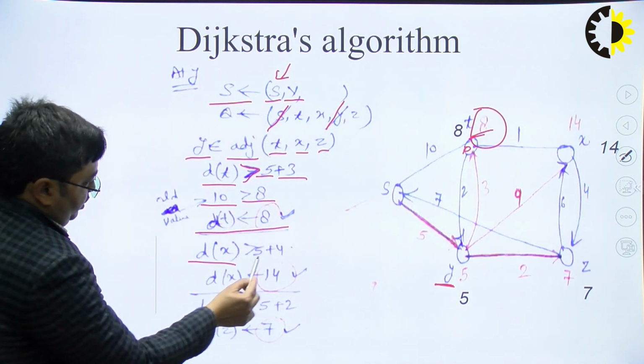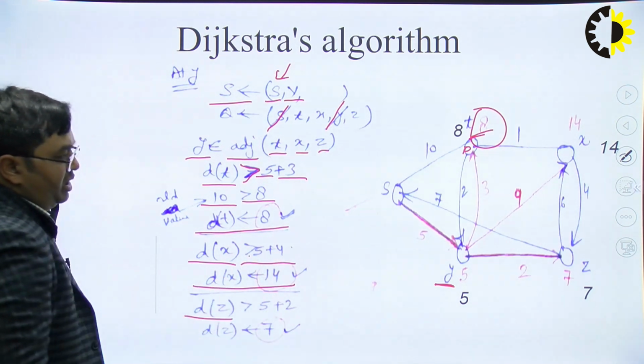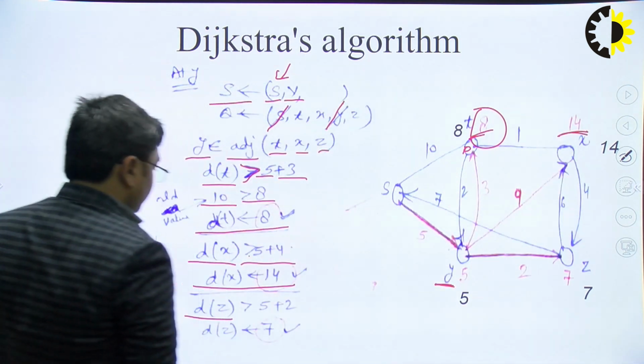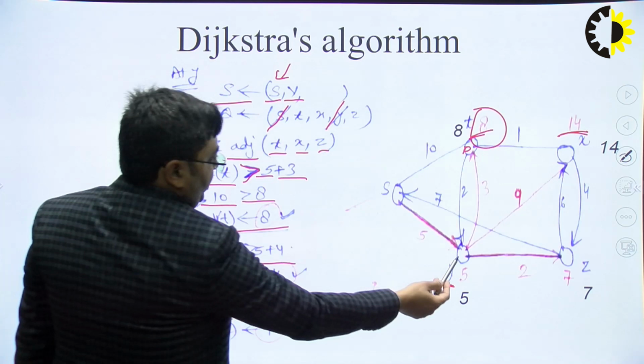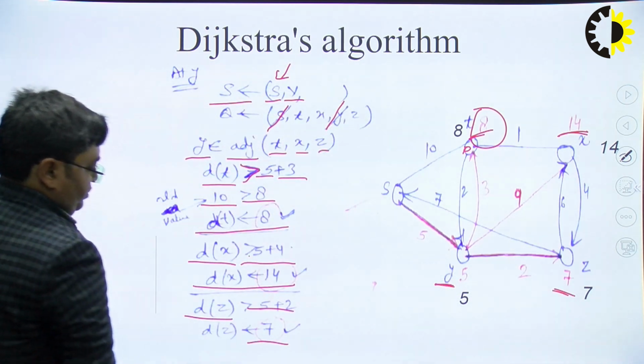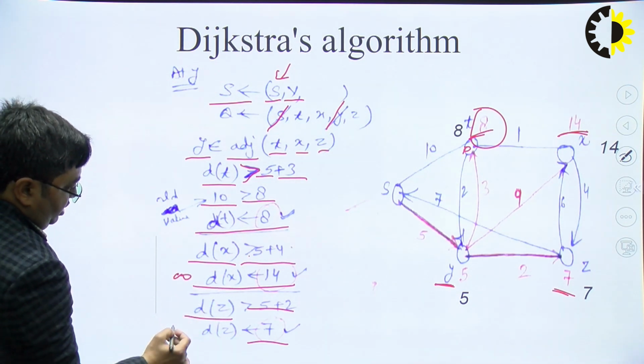Next, for dx we have another 5 plus 4, so dx is equal to 9, and then 5 plus 9 is equal to 14. For x we have to initialize 14. For dz, from 5 plus 2 we have 7. For that we have no previous value, which means it was infinity.